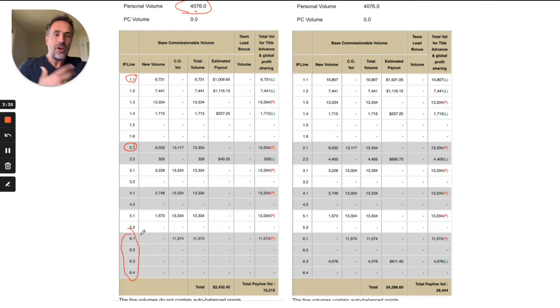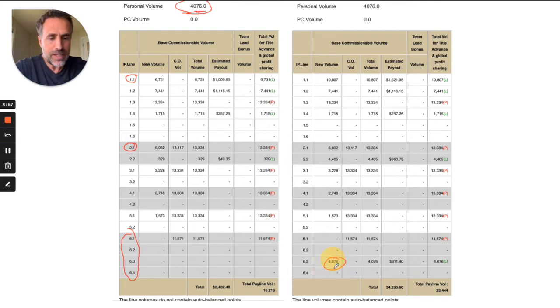Normally when you have this amount of volume, you try to put it in the best positions to optimize the comp plan so you make the most amount of money from that volume. I didn't do anything at that time. All I did is I let the system do its job, and at the end of the week, it calculated, and here's where it placed the volume.